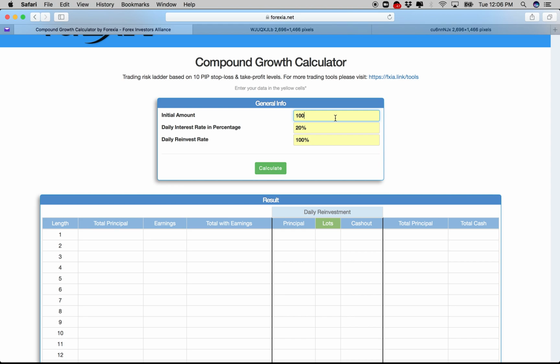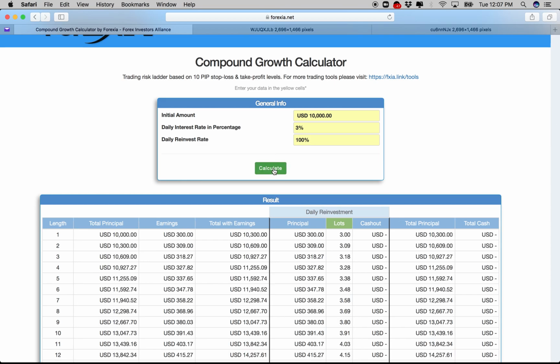Let's say we want to start with a $10,000 trading account. We type in 10,000 US dollars, and let's say we are risking 3% of our balance per trade. And we are going to reinvest all of our profit back into compounding our account.